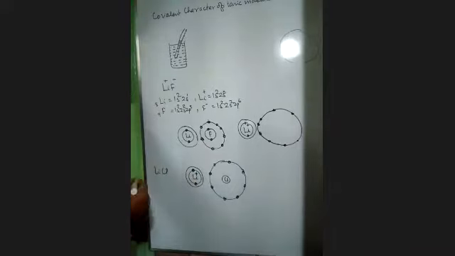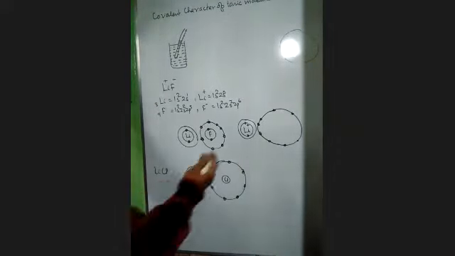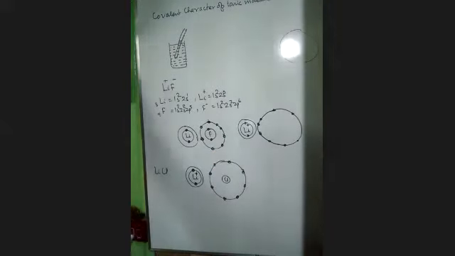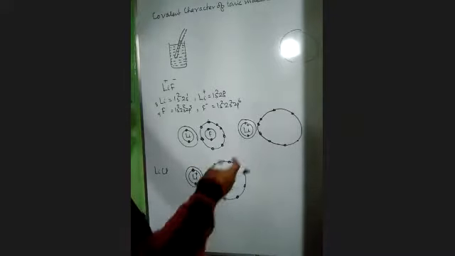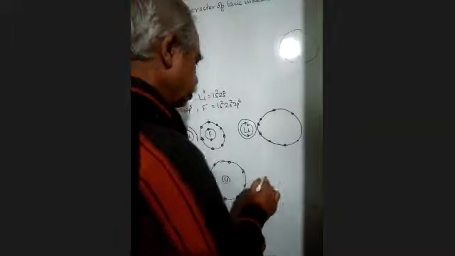Look, earlier it was homogeneous, now it is not. The electron has come nearer to the lithium. Lithium is going closer and closer. Then what is going to happen?